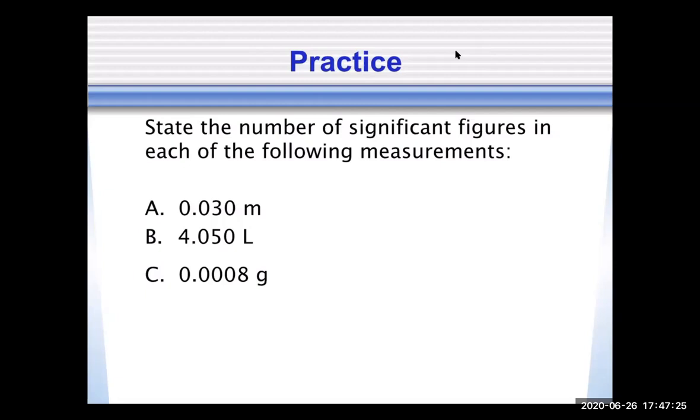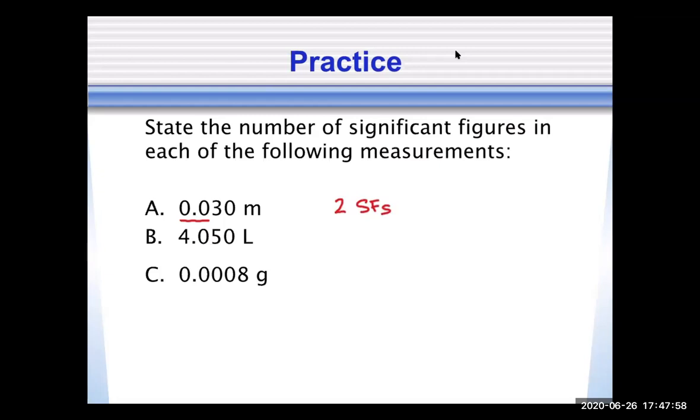Let's do a few practice problems here. State the number of significant figures in each of the following measurements. Okay, we have A, 0.030 meters. We have leading zeros and a trailing zero. We have the decimal, so the trailing zero is significant. So this would be 2 significant figures for the 3 and the 0.